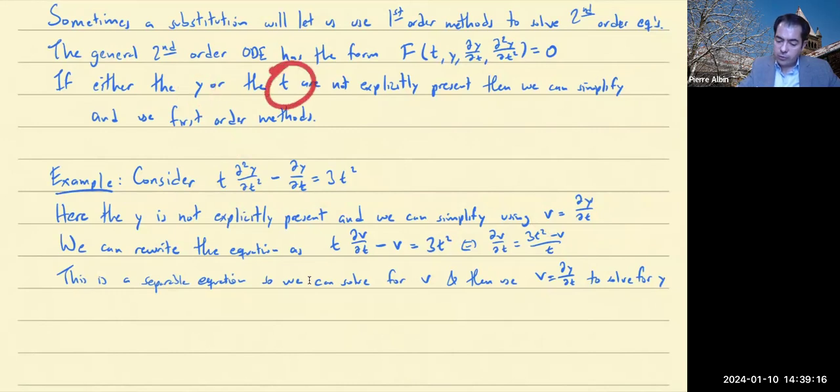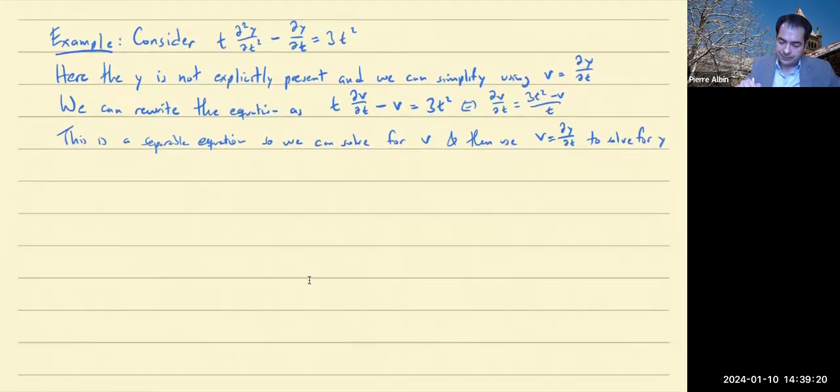Next, let's look at the case where t doesn't show up explicitly. What can you do then? So let's consider an equation like second derivative of y with respect to t plus k squared y is equal to 0, right?